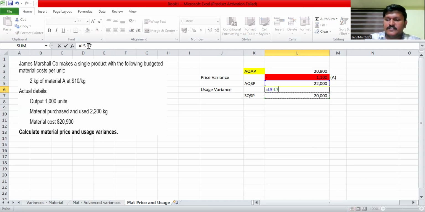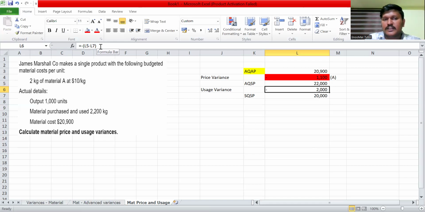So 22,000 minus 20,000, if you go in this order, it would be positive, but again this is a negative variance, because the standard quantity to use was 2,000, like 1,000 into 2, but you used more than that. So actual was much more, so we'll have an adverse variance over there.